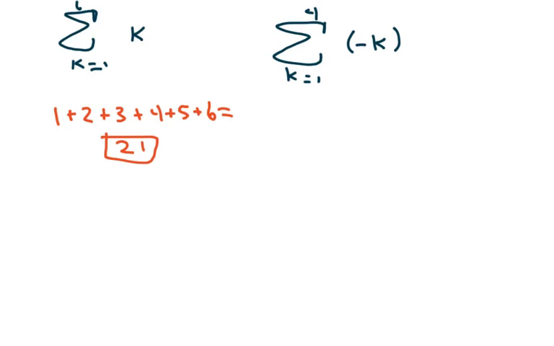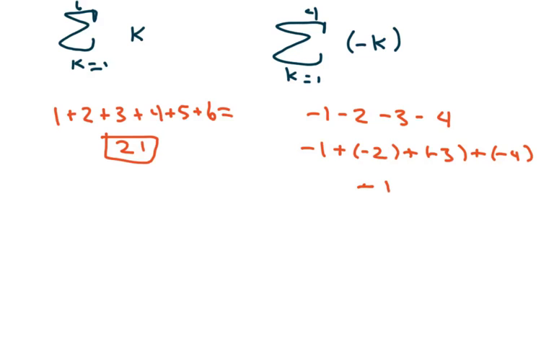Here we have negative k, so we're going to get negative 1 minus 2 minus 3 minus 4, or you could do it this way: negative 1 plus a negative 2 plus a negative 3 plus a negative 4, because we are talking about summation, and this is going to equal negative 10.